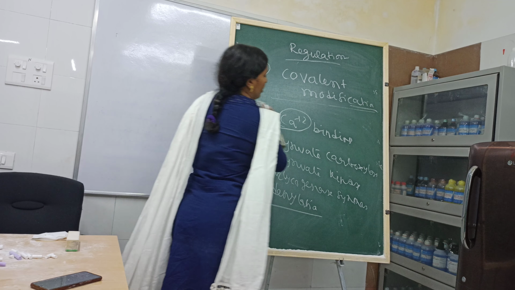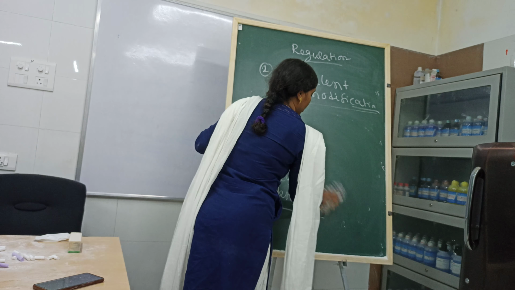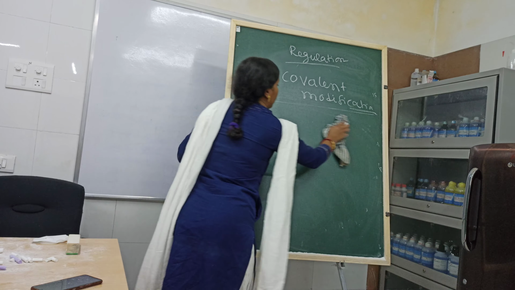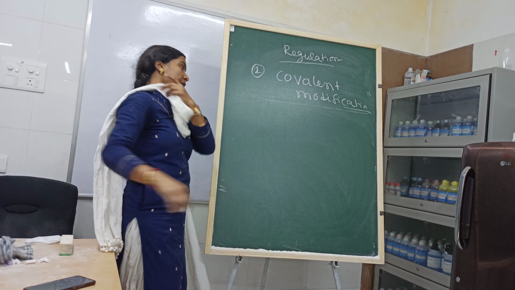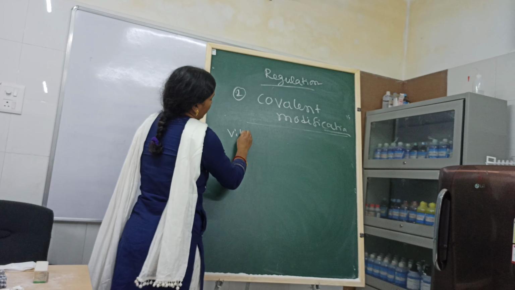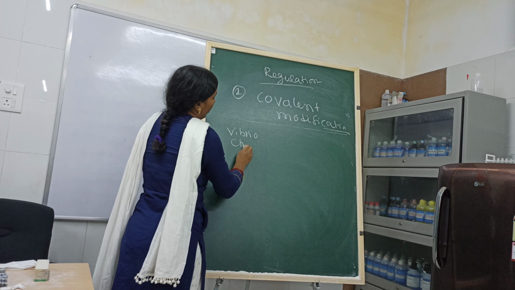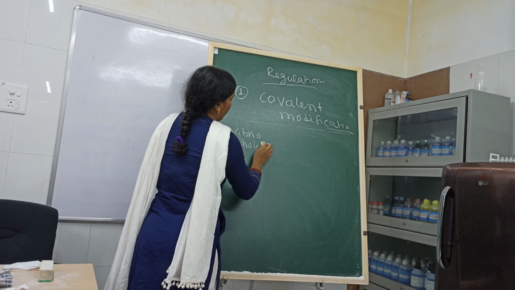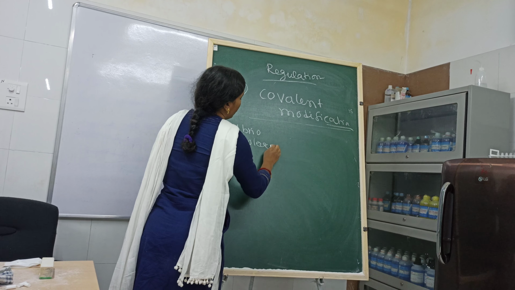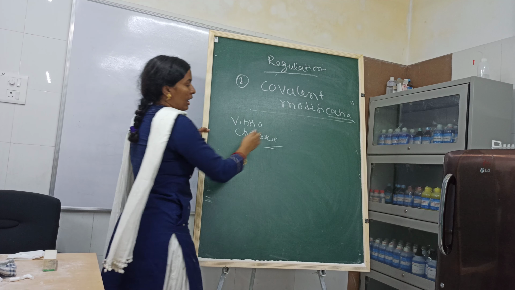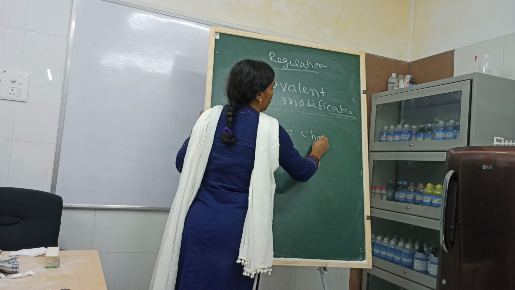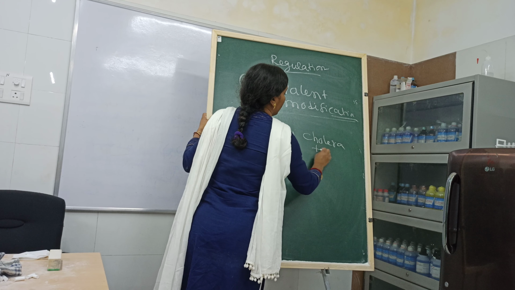Adenylation means, here the important example is Vibrio cholerae. Vibrio cholerae is a bacterium, we all know, and the toxin liberated from this is cholera toxin.